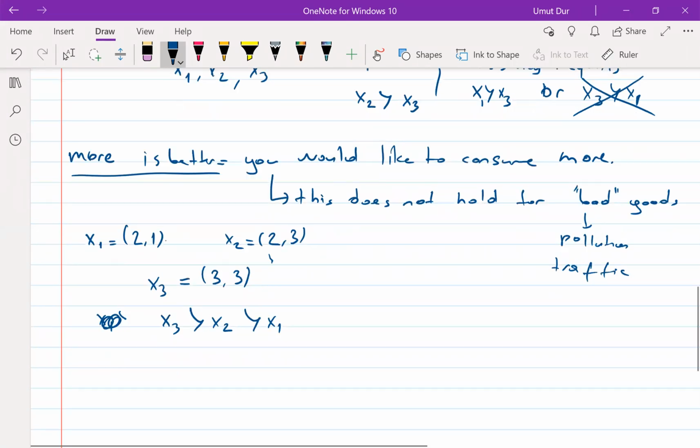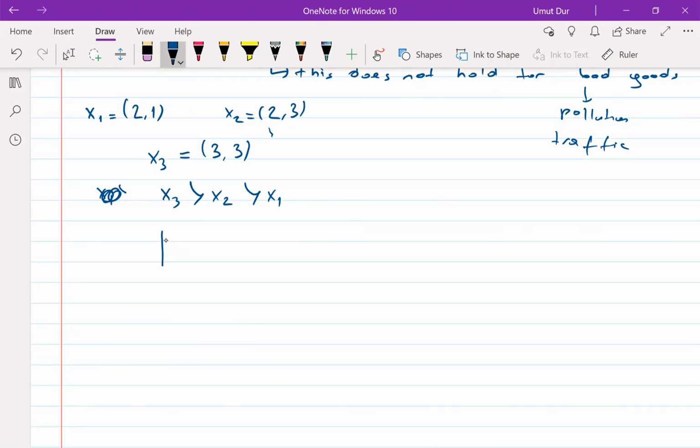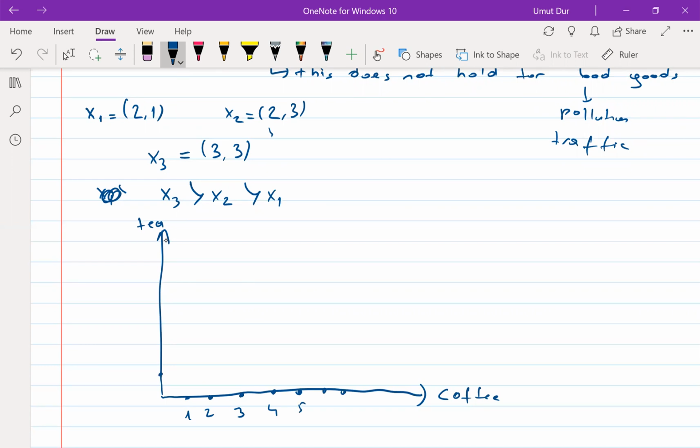Let me draw a simple graph here to give you the idea of what we mean by the bundles. Let's say this is coffee, and this is tea. We are basically representing the bundles here. This is 1, 2, 3, 4, 5. This is 1, 2, 3, 4. For example, one bundle can be this one.